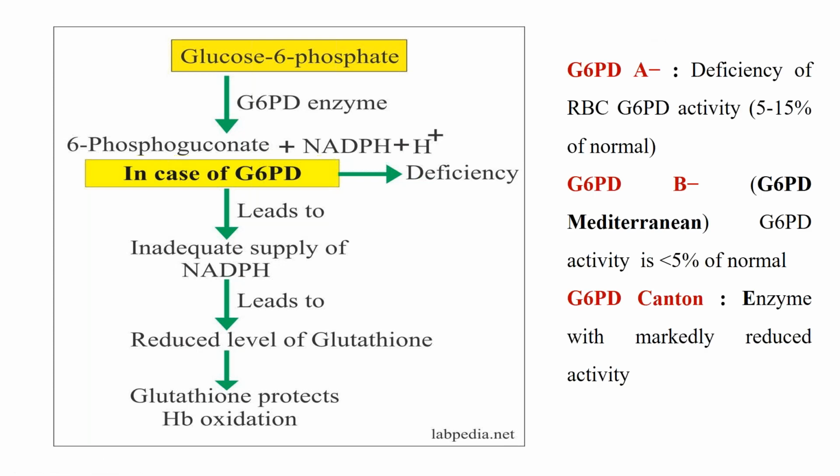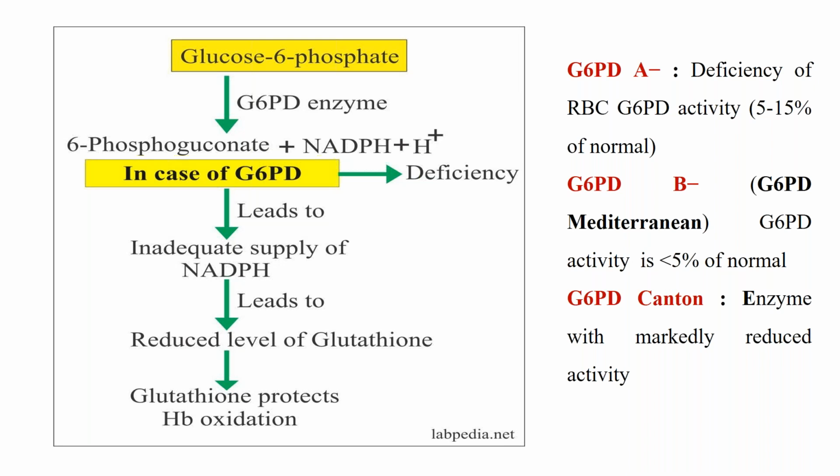It is of two types, A minus, B minus, and Canton type depending upon the percentage of the enzyme activity that is present in the body and the severity. Okay, so the Canton type has markedly reduced activity, so it's severely deficient, while A minus has an enzyme activity of around 5 to 15%, while B minus has less than 5%.